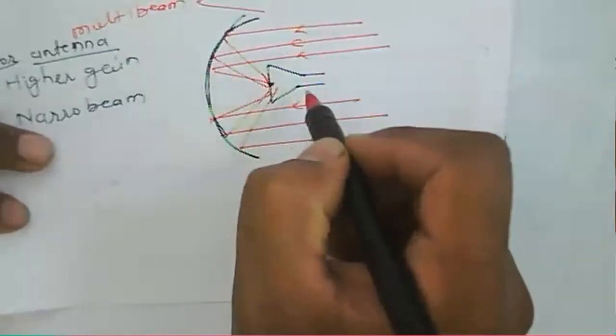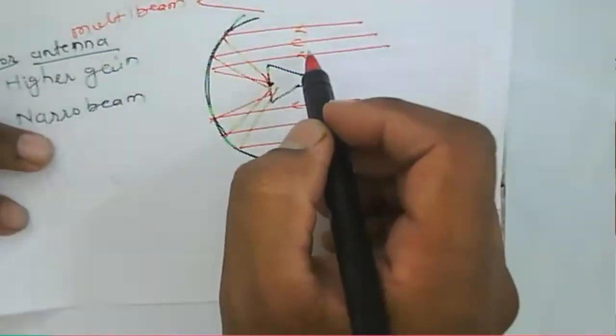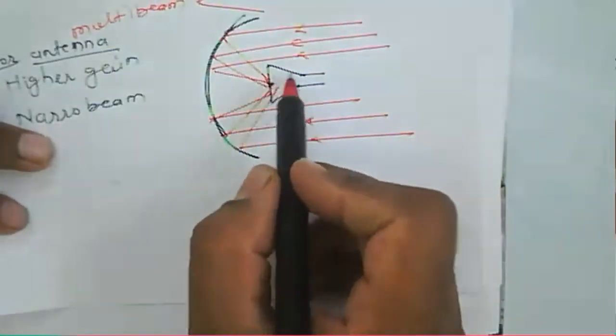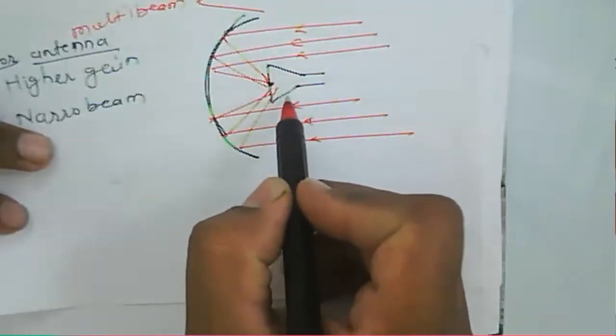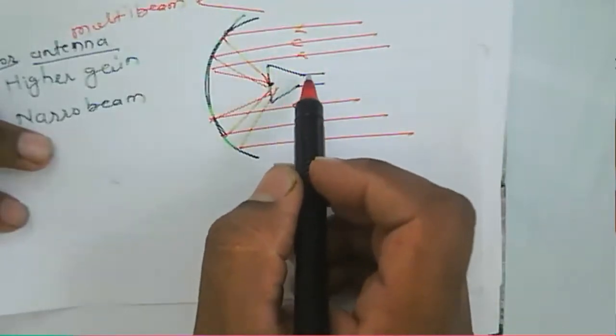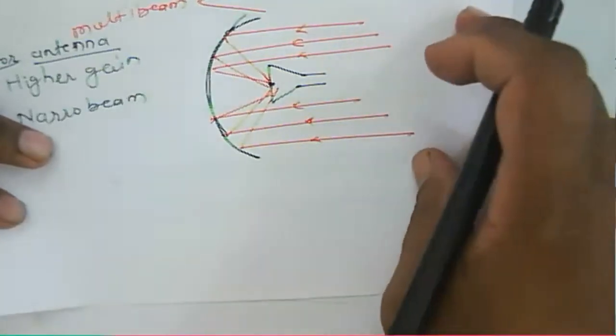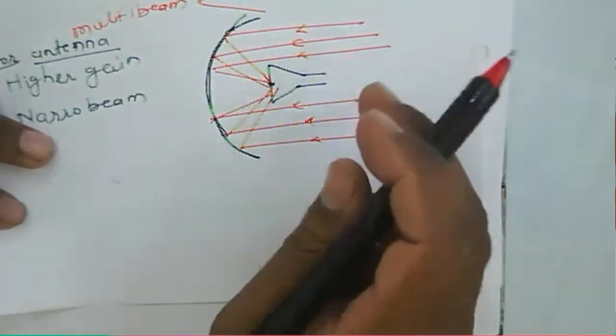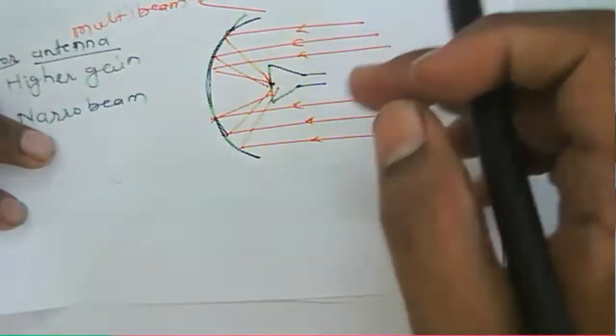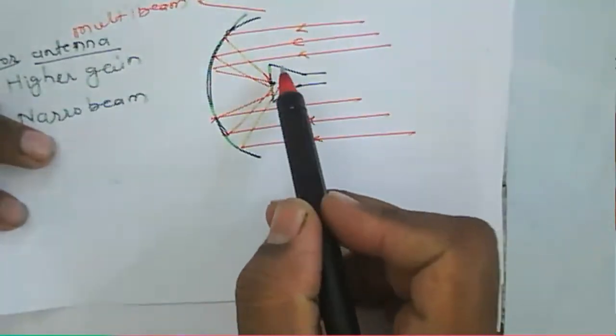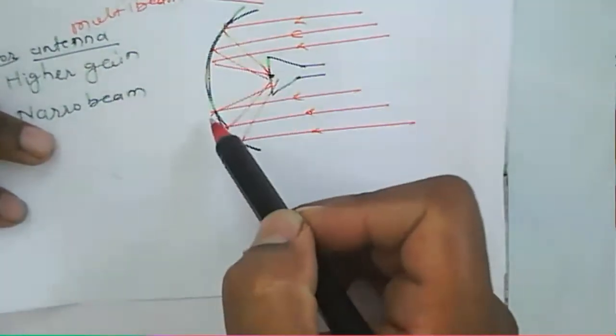But in the case of this one, only one antenna will radiate the signal in space, so it will produce a single beam, and coverage will depend upon that single horn antenna or single parabolic structure.